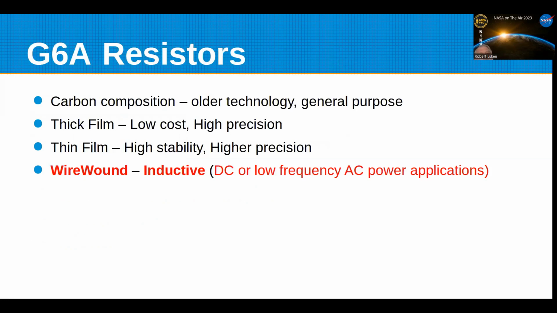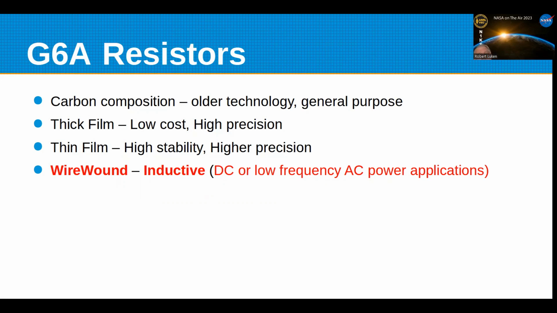In resistors, the only thing they care about on the exam is knowing about wire wound resistors, because they're actually made with a wire. It's actually an inductor with resistance wire.